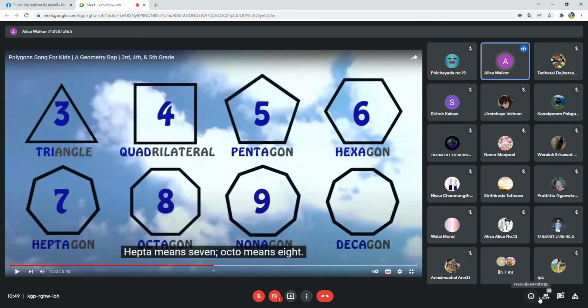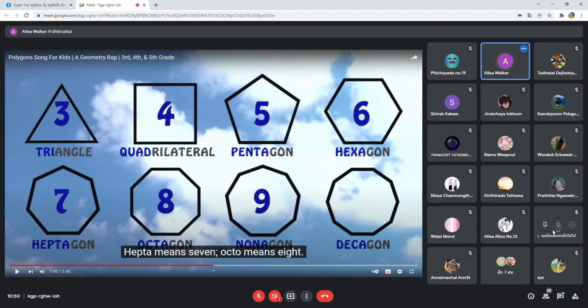Shapes are polygons. They have straight sides, okay? And the beginning bit, so tri and quad, they tell us how many sides there are. So triangle means there are how many sides? How many sides? 3.